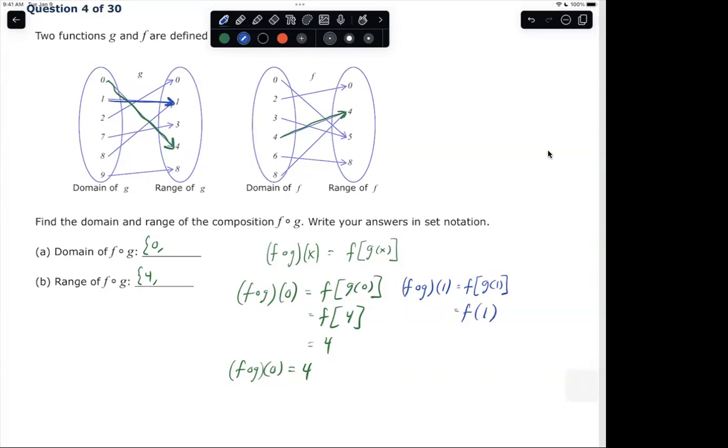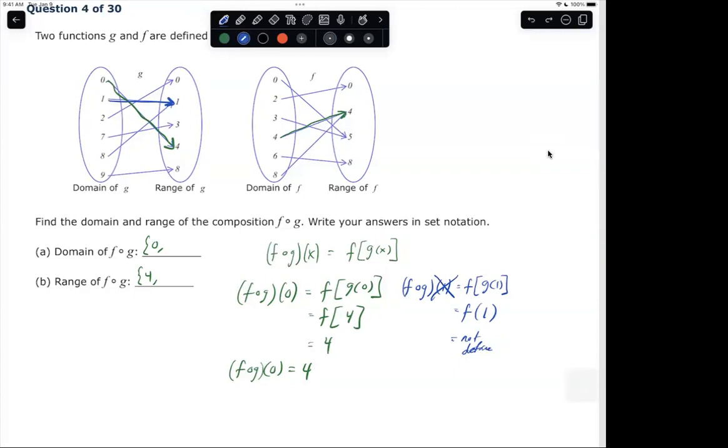What is f of 1? Yeah. F of 1 is not defined. There is no 1 in the domain of f. So that tells us that we cannot plug in 1 into f of g and get an output value. So that means that 1 is not part of the domain of f of g.